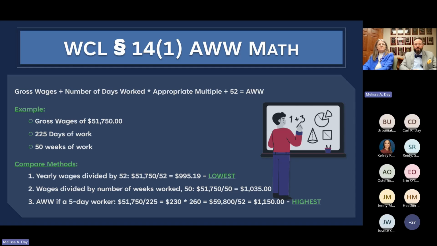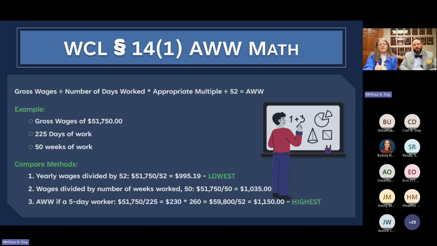And if you take it as a 5-day worker using the multiple method of calculation, you're going to get, surprise, the highest result, $1,150 for that average weekly wage. So this is just for you to be able to compare that if we use a divisor of 52 weeks, that's sort of like how people would envision an average weekly wage in the real world, not in Compland. You're going to get the lower average weekly wage in this scenario compared to the 260 multiple.